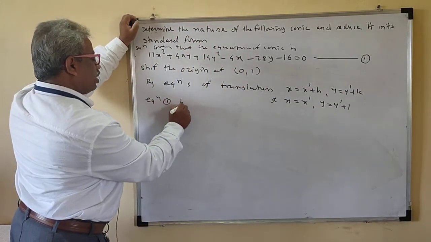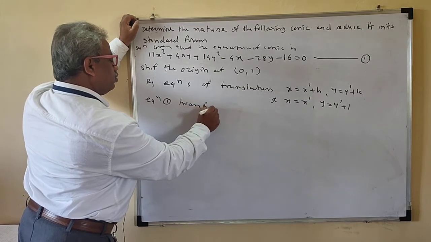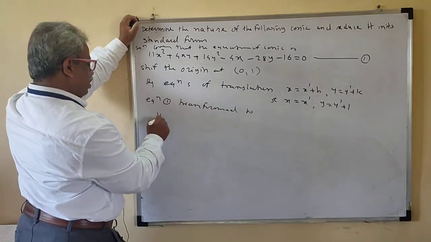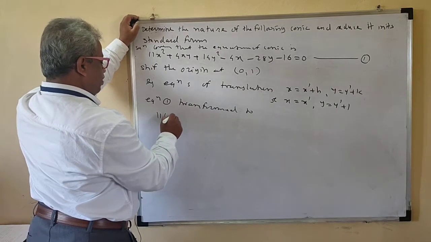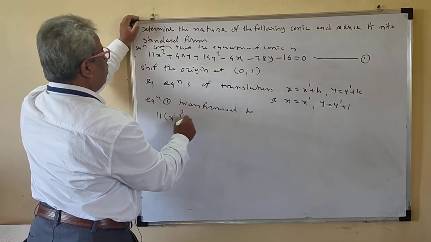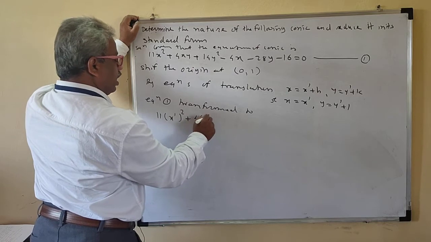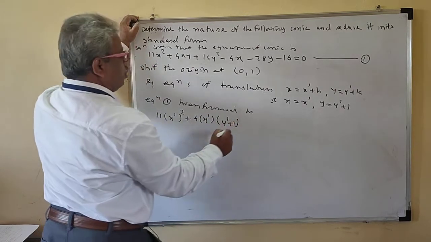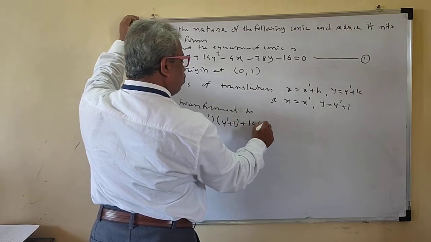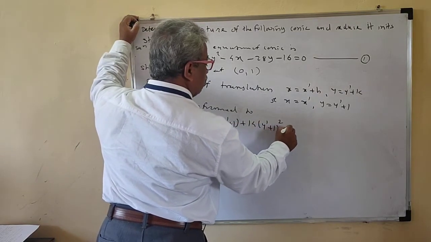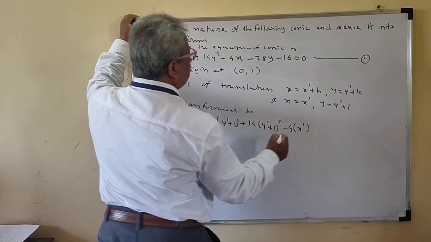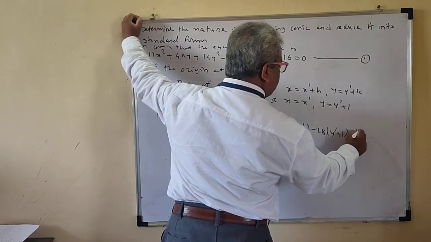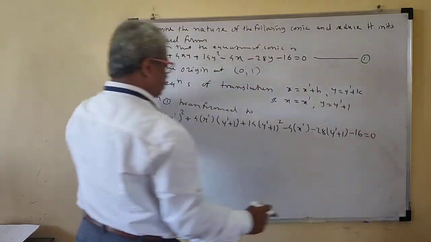Equation 1 transforms to 11x prime square plus 4 x prime (y prime plus 1) plus 14 (y prime plus 1) square minus 4 x prime minus 28 (y prime plus 1) minus 16 is equal to 0.